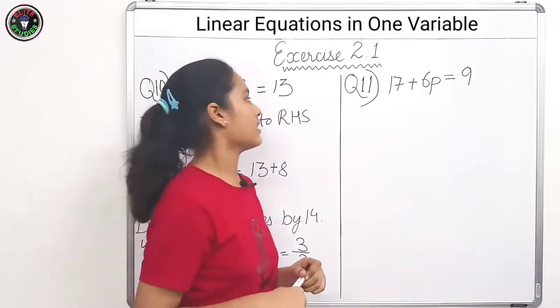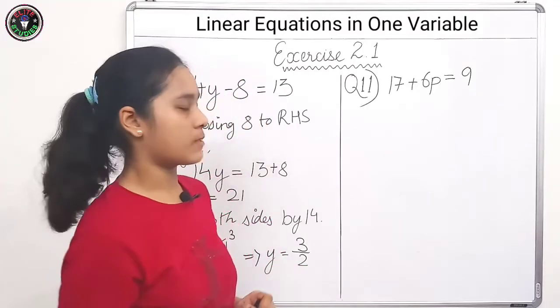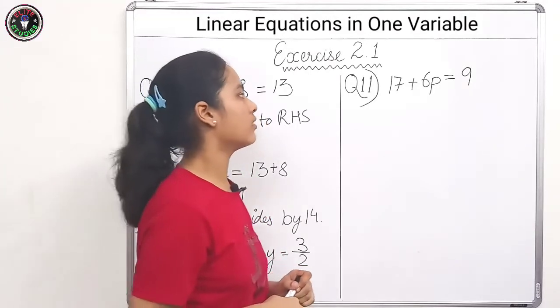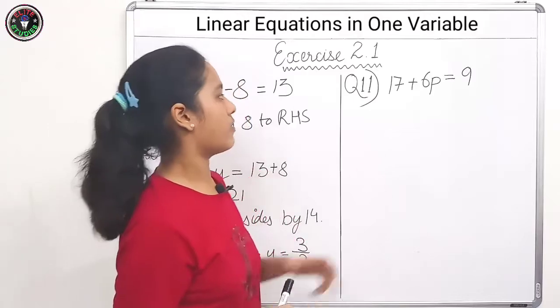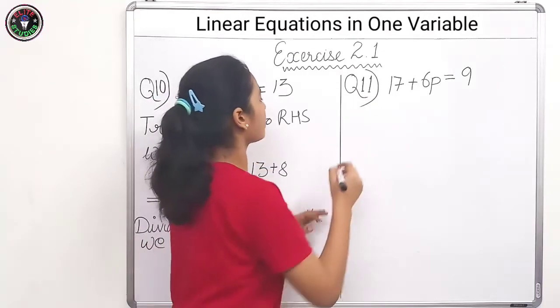Our next question is 17 plus 6p is equal to 9. First we need to get rid of this 17.